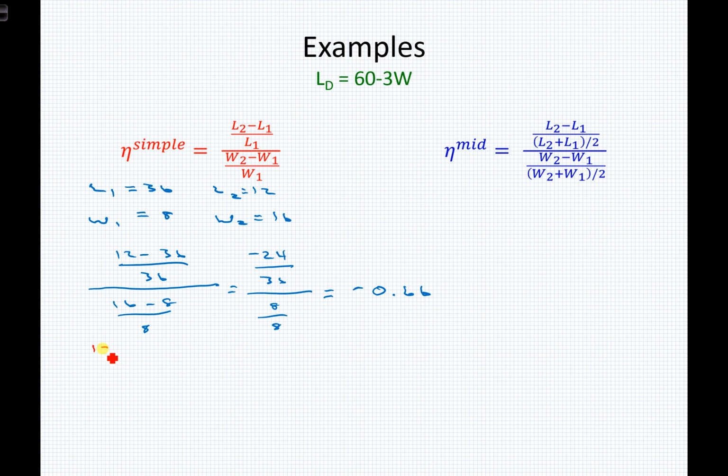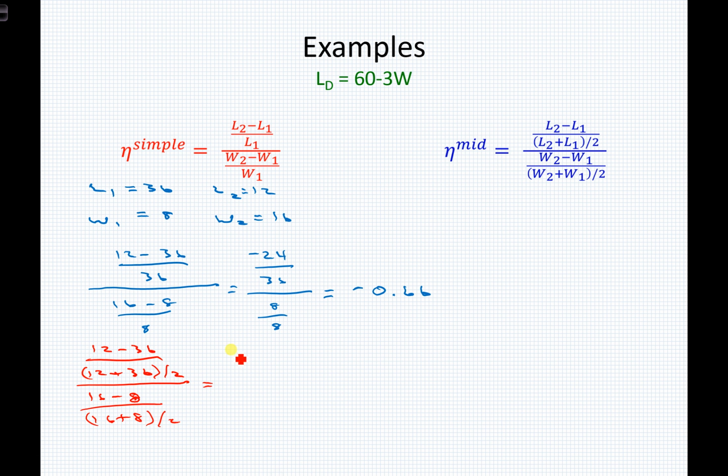We have 12 minus 36 divided by 12 plus 36, and then the sum of that divided by 2, and then we'll take 16 minus 8 divided by 16 plus 8, and then the sum of that divided by 2.